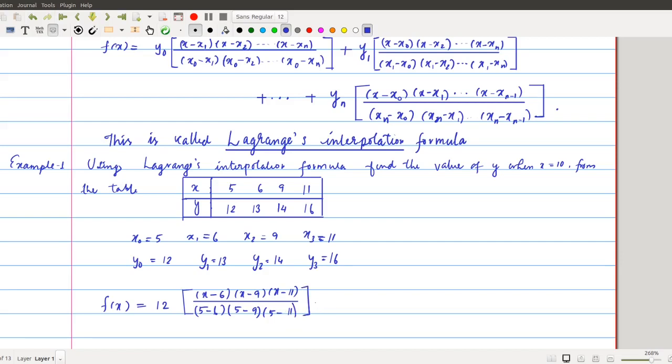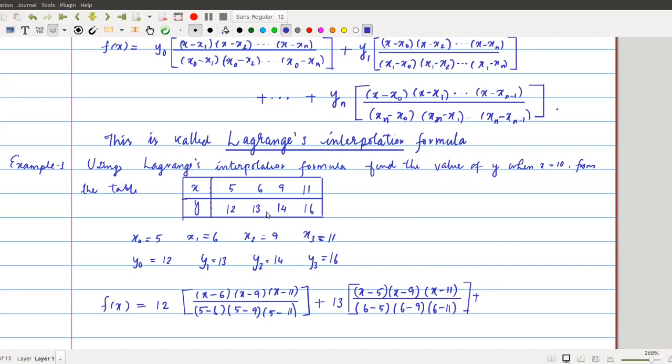This will be the first bracket, plus the next is y1 times, where y1 is 13, so 13 times these numbers. Again x minus 5, which is x0, we avoid x1, so the next is x minus x2, that is x minus 9, and the last term is x minus 11, divided by x1 minus, where x1 is 6, so 6 minus 5, 6 minus 9, 6 minus 11.